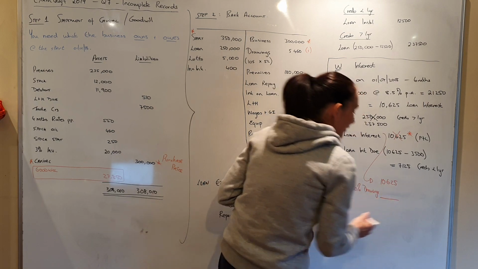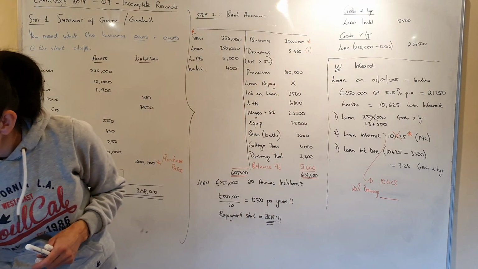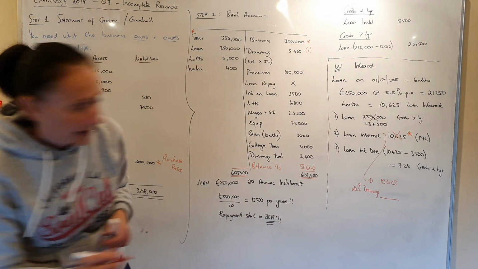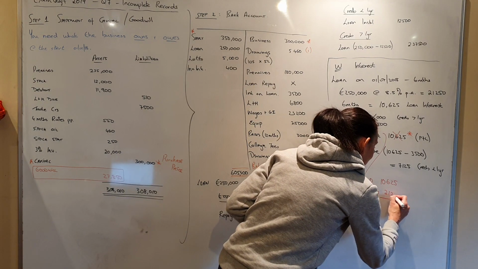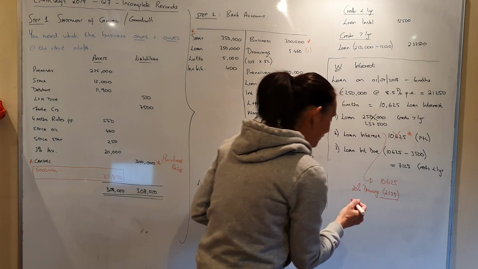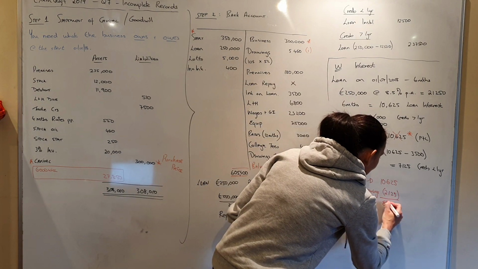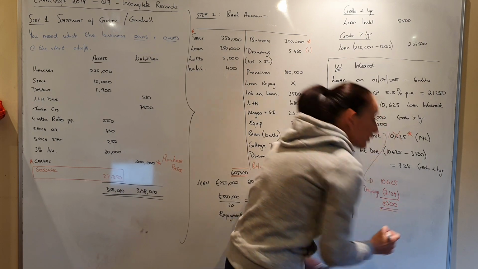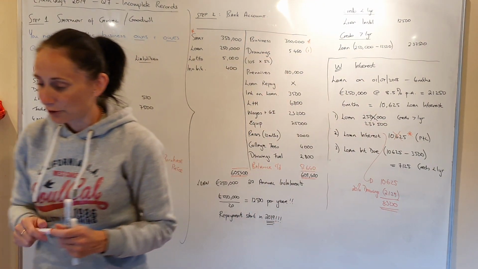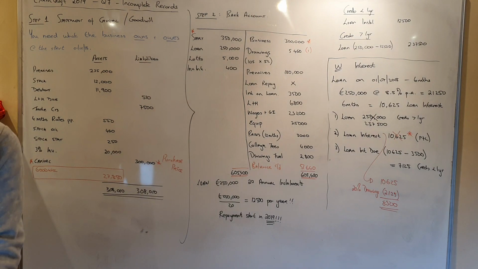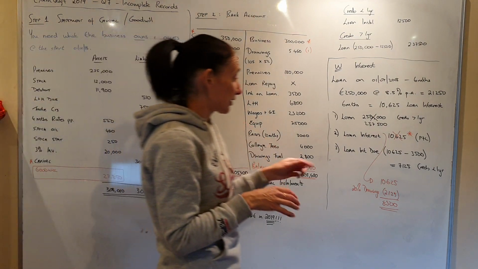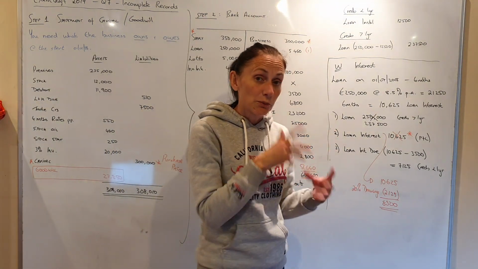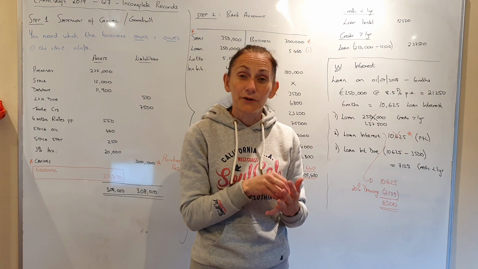So I need to take out 20%, and 20% is 2,125. So my correct figure for this is 8,500, which is the figure that you would put in the profit and loss for your drawings. So again, you keep it the same way that you've always done it. Do step 1, 2 and 3, then go back to step 2 and fix it for the drawings.